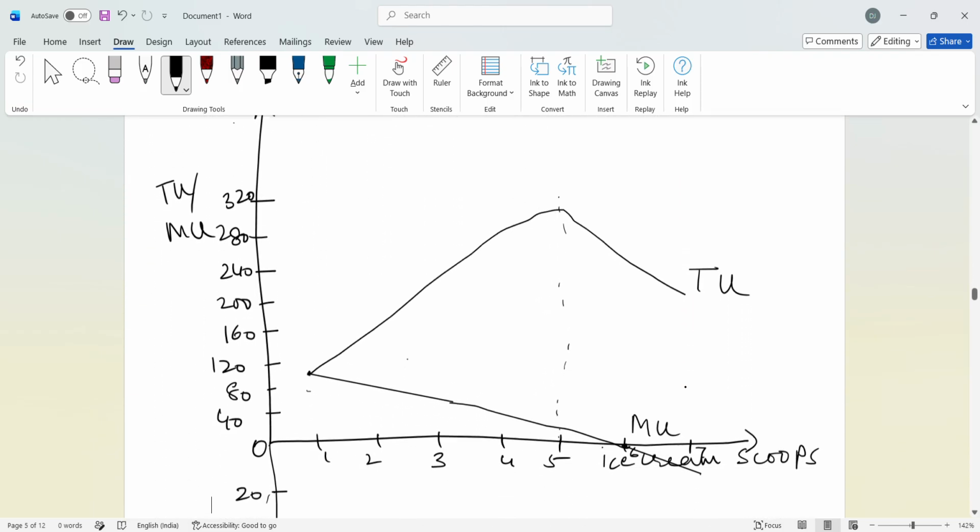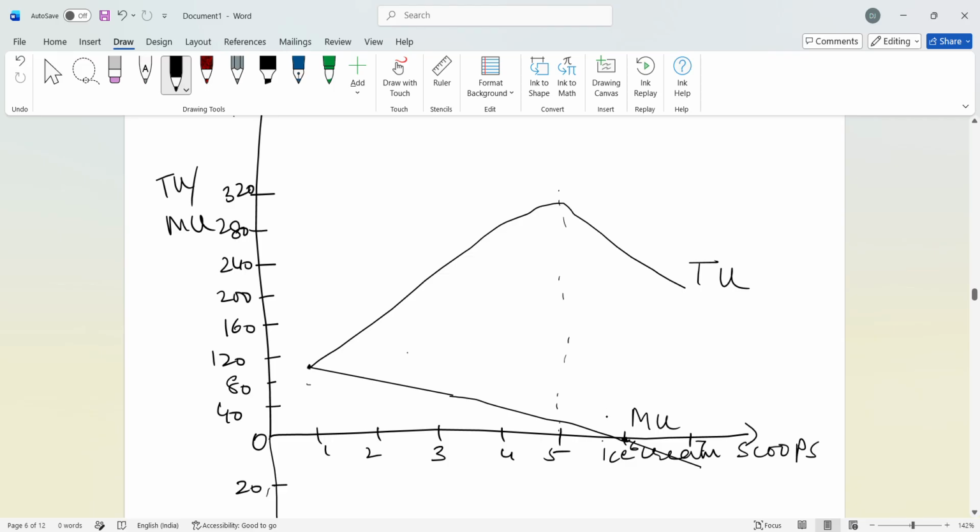So basically, at the sixth unit as well, you will have a peak. Hang on, let me actually draw it that way. So it attains the peak at 300, and then it's a little flatter until 6, and then it starts declining.